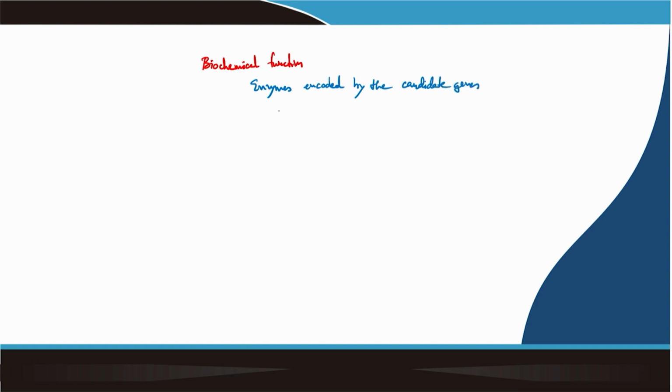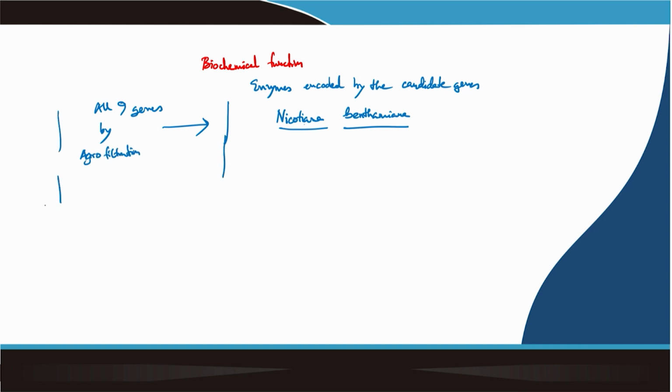So, here they have used the model plant, which is a relative of the tobacco, Nicotiana benthamiana. So, what they have done? They have transferred all 9 genes by agroinfiltration.